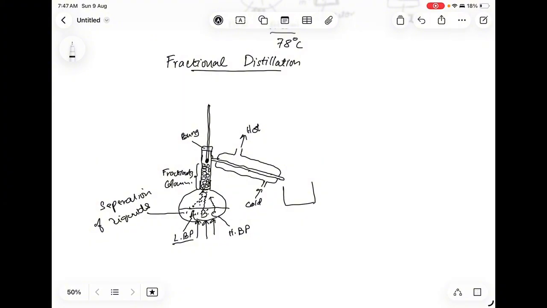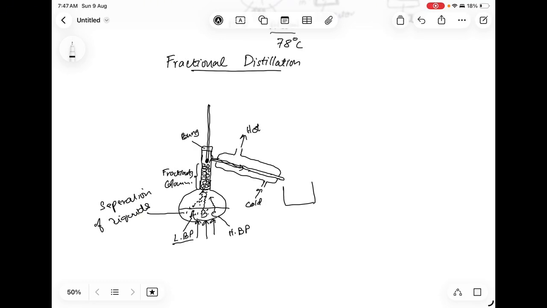Some molecules of C might get enough energy to escape the surface of the liquid and go up.